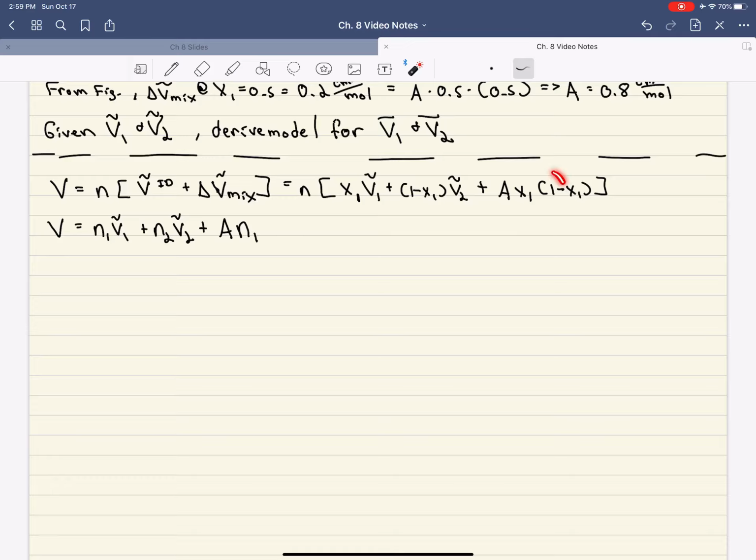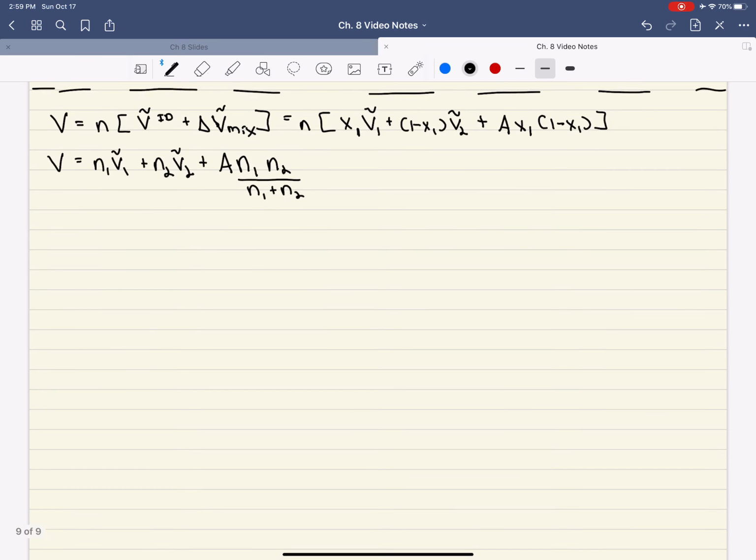But for this x2, I could also describe it in terms of moles as well: N2 over N1 plus N2, since that's the definition of a mole fraction. So here's an equation based on our model for delta V mix. We can now write an equation for the total volume.